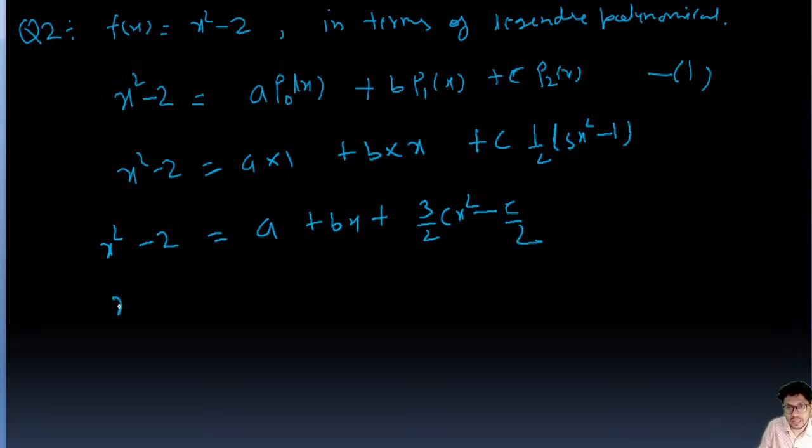And now we can write it like this: the constant is a − c/2, then the power of x, then plus 3/2 c x². First constant, then power of x to 1, then x to 2. So now we'll compare the constant, x and x² coefficients on both sides.